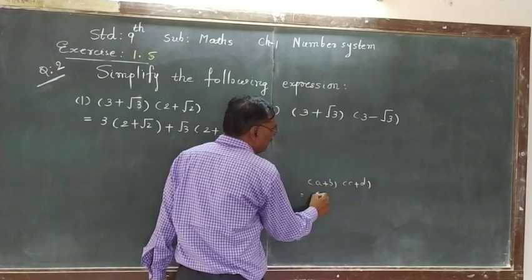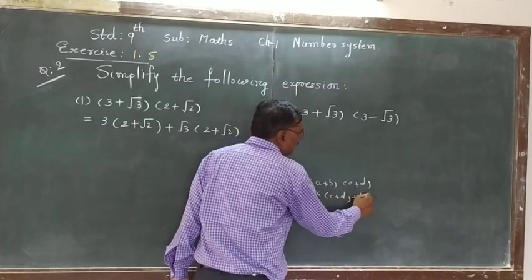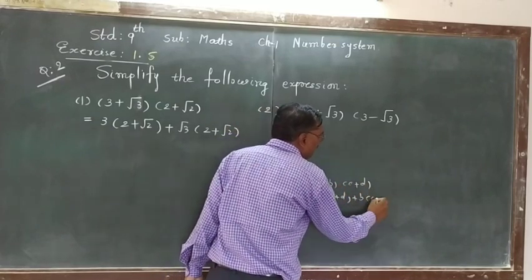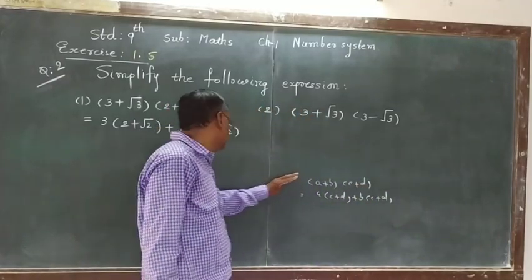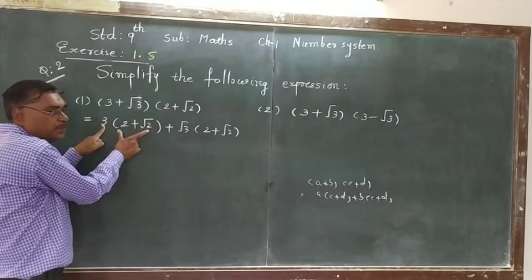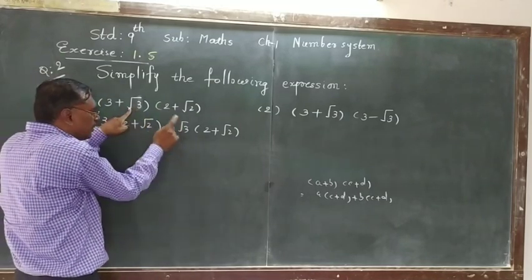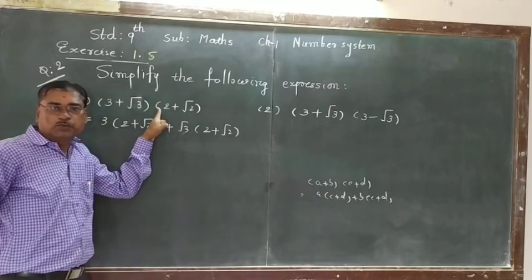We can take first a with c plus d, then we take b with the same bracket c plus d, as in this formula. First we take 3 with the bracket 2 plus root 2, plus then root 3 with the same bracket, 2 plus root 2.